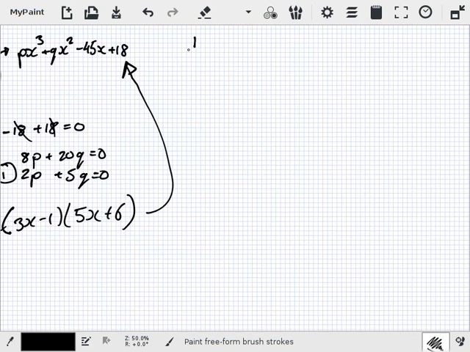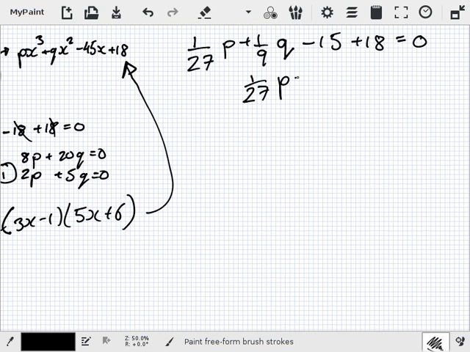So that's 1 over 27p plus 1 over 9q minus 15 plus 18 equals 0. So that's 1 over 27p plus 1 over 9q plus 3 equals 0.